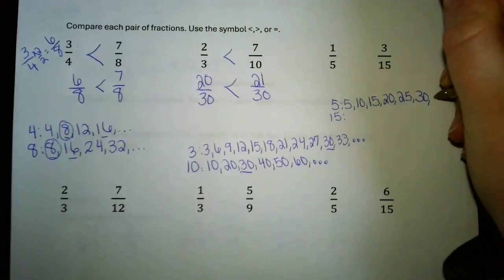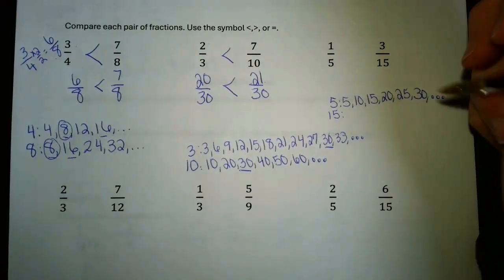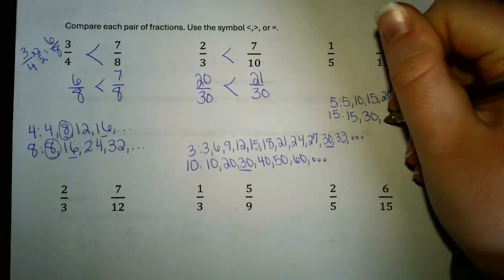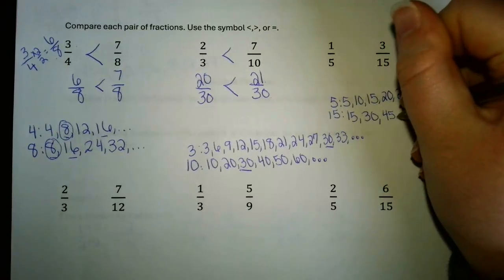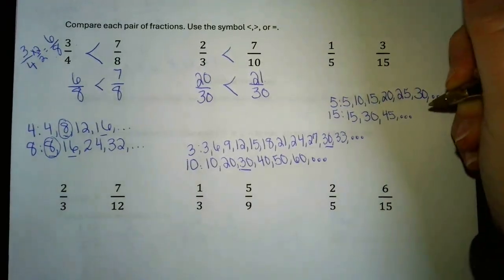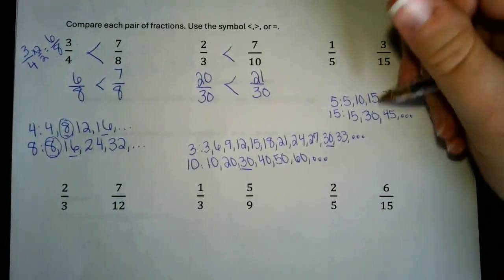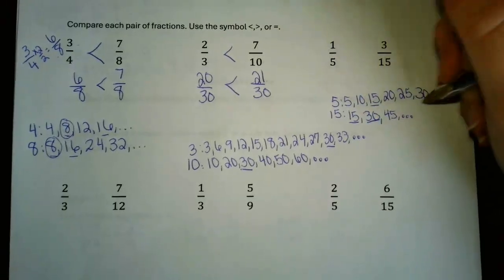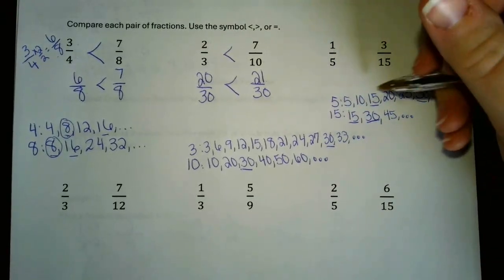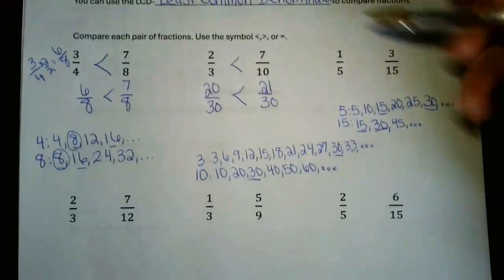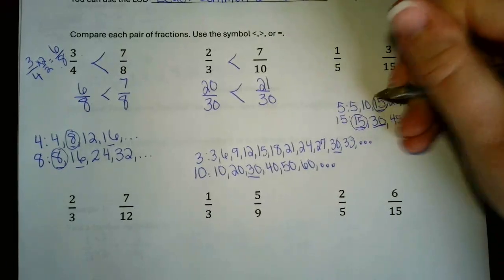Multiples of 15: 15, 30, and 45. That is what I'm going to stop on. What numbers occur in both lists? Well, 15 and 30 occur in both lists, but we want the least common denominator, the least common multiple, so we're going to say 15.